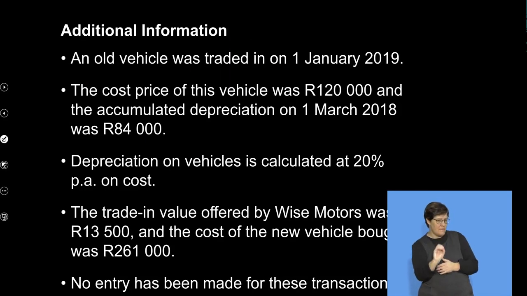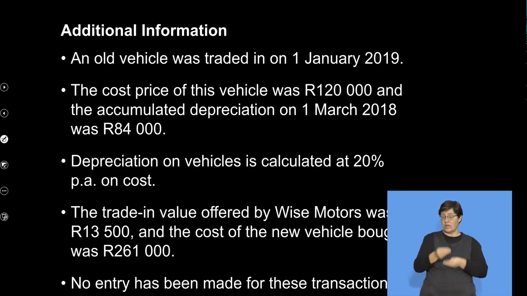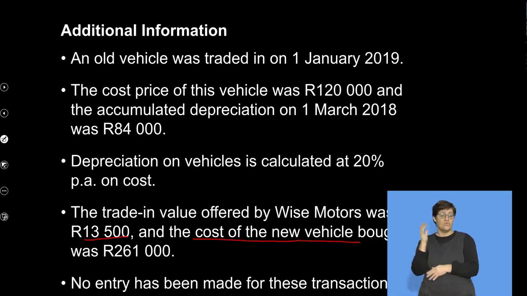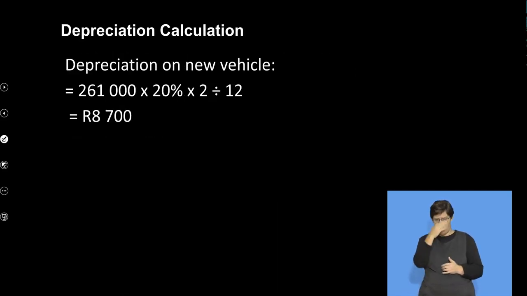Right. Did we buy a new vehicle? Let's check. They told you that the cost of the trade-in, we sorted out the trade-in, the 13.5, and the cost of the new vehicle bought was 261,000 Rand. Now, immediately I know this is the new vehicle.